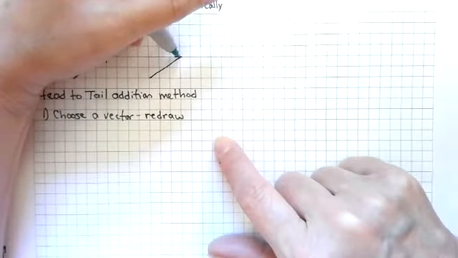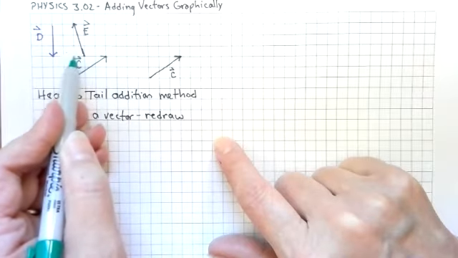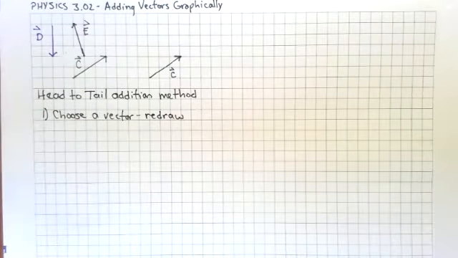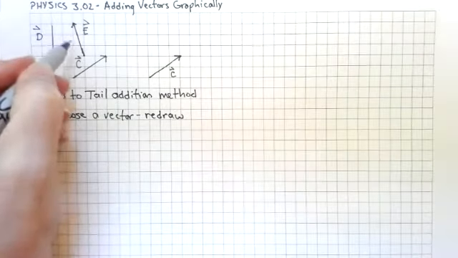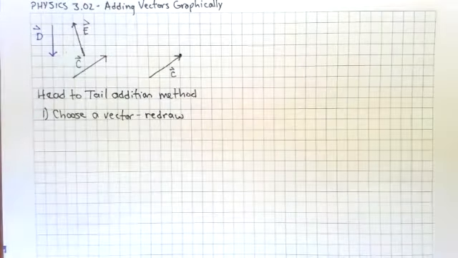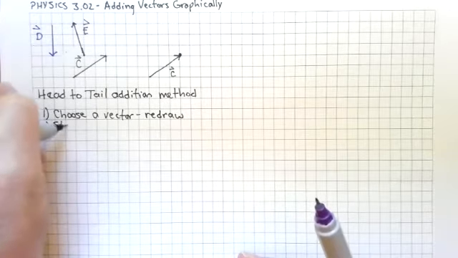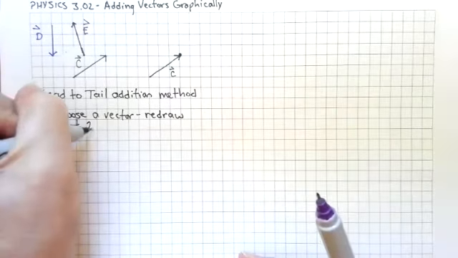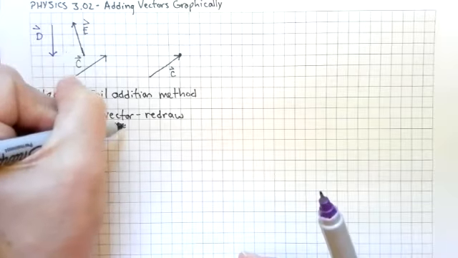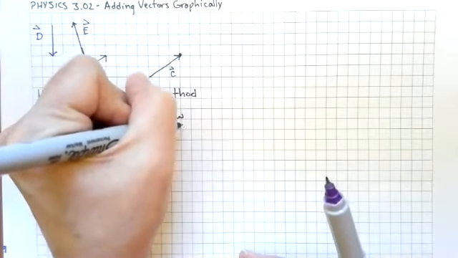Now I'm going to go to vector E. Vector E, I'm going to go to the left this time. I'm going to go to the left 1 block, and I'm going to go up 1, 2, 3. So the next step is you start your second vector at the head of the first.